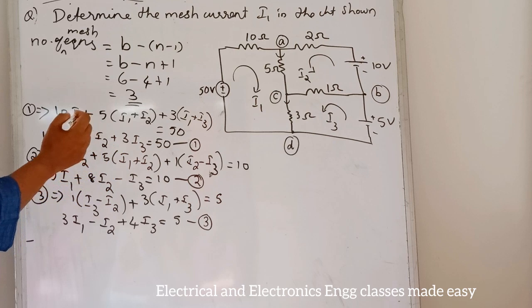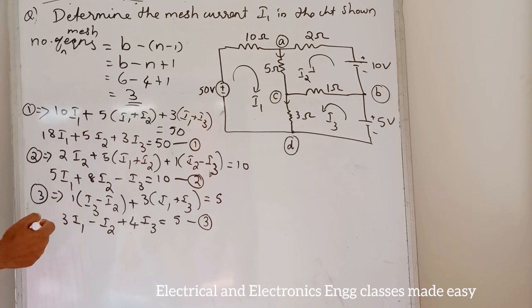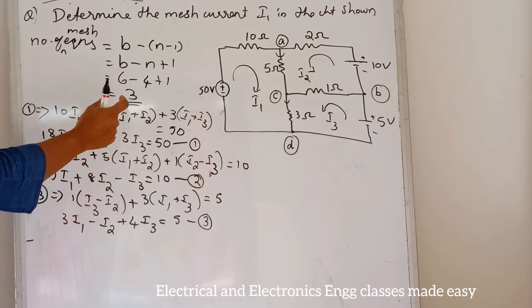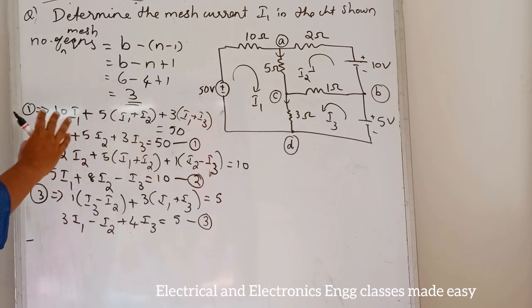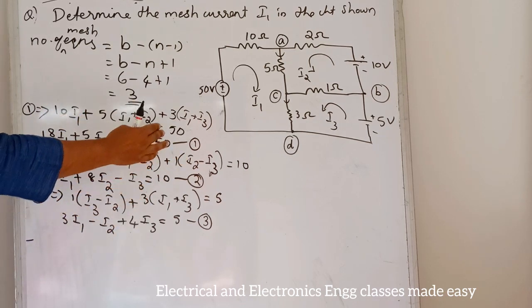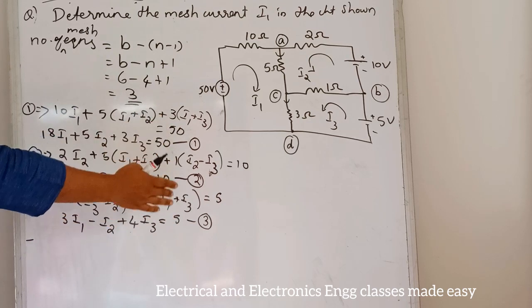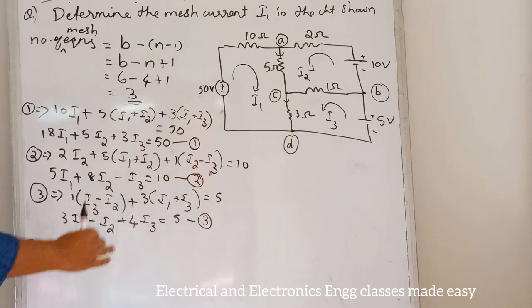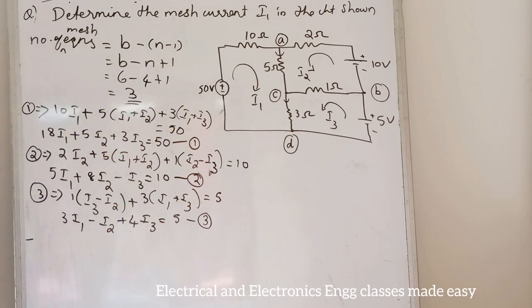In Cramer's rule, we write the coefficients of I1, I2, I3 as a matrix, and the constant terms, that is the voltage sources here, in another column matrix.